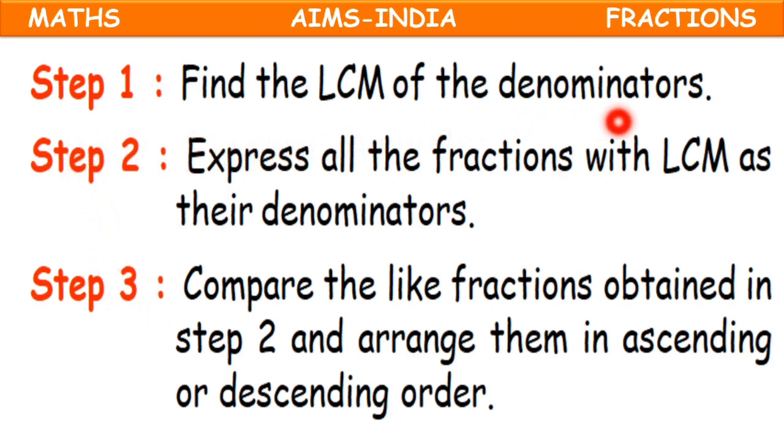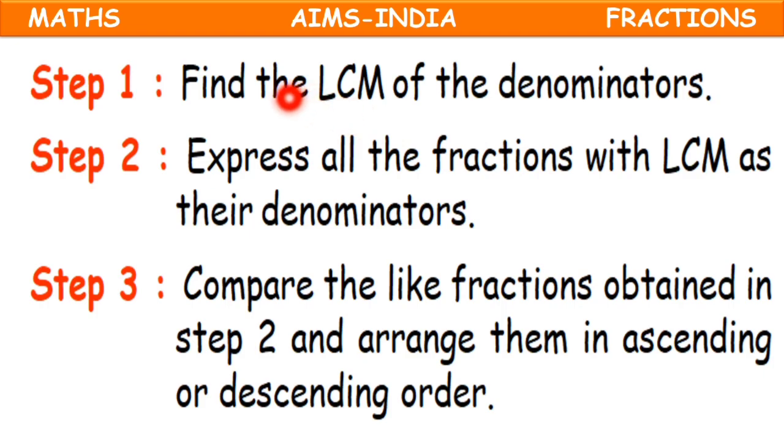First step would be to find the LCM of denominators. For unlike fractions, we need to find the LCM of denominators, right? And then step 2 will be to express all the fractions with the LCM as their denominators.